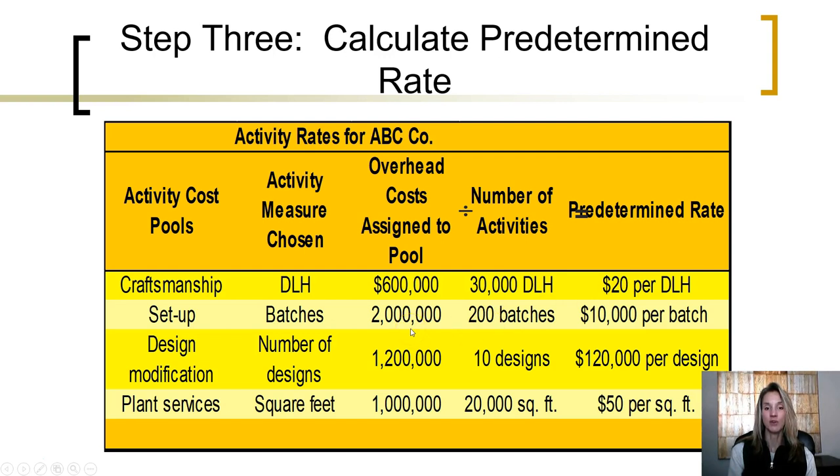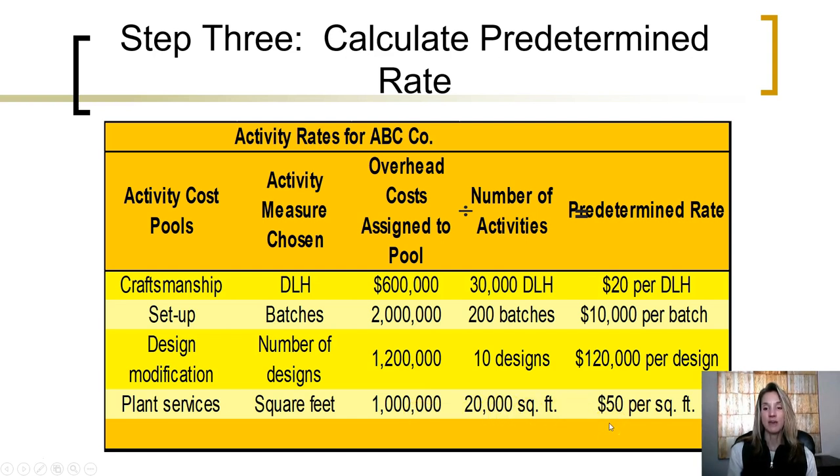We do the same for each cost pool. Total indirect costs or total estimated costs for that activity cost pool, divide by the total activity cost driver to calculate a predetermined overhead rate for each cost pool.